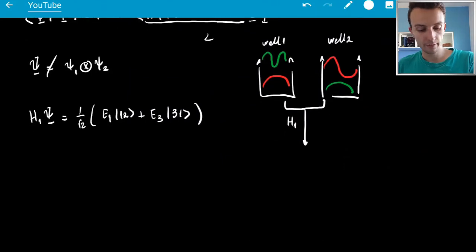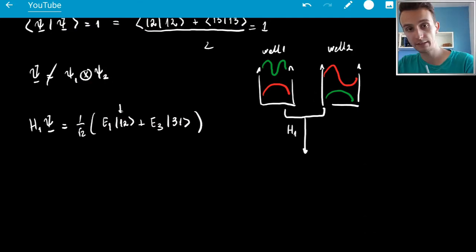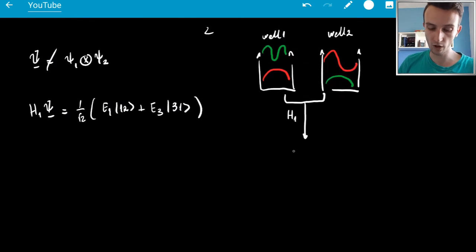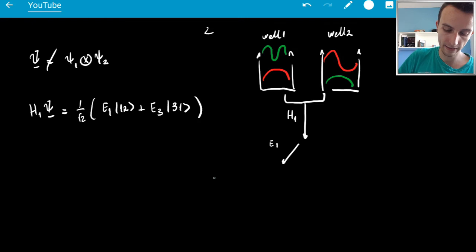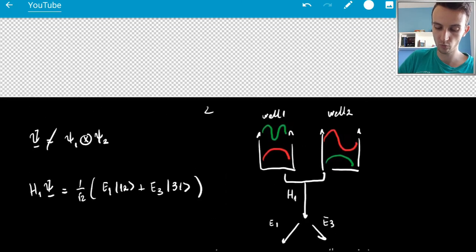Now I can see that if I've measured E1, I know that the state of the second well is 2. And if I've measured E3, I know that the state in well 2 is 1.